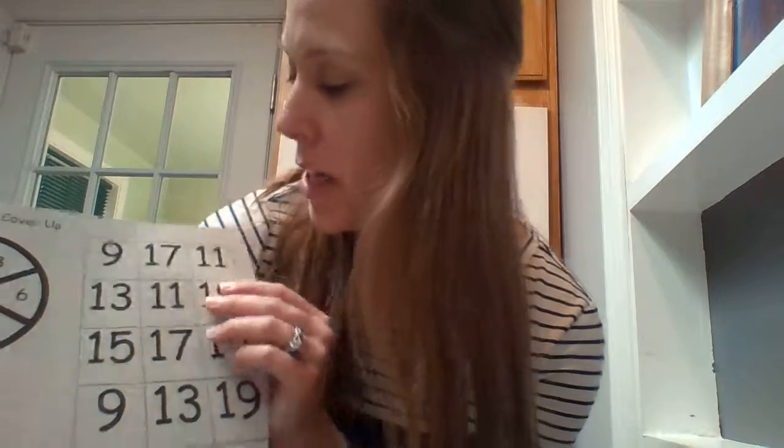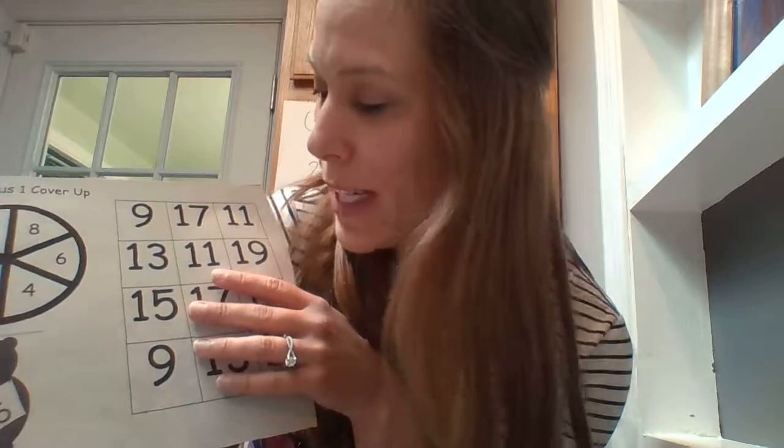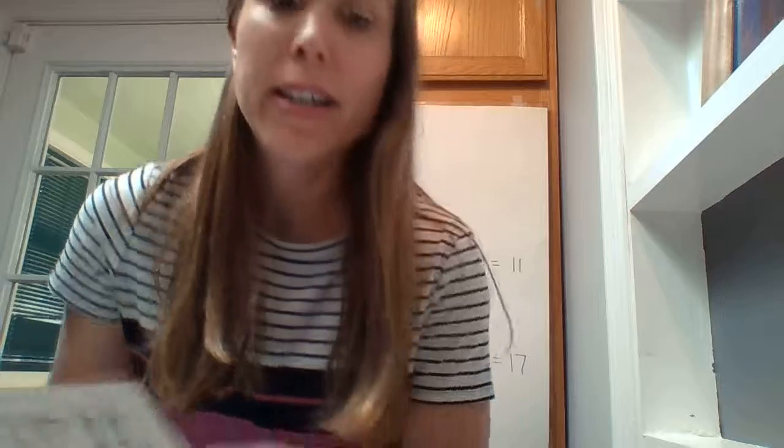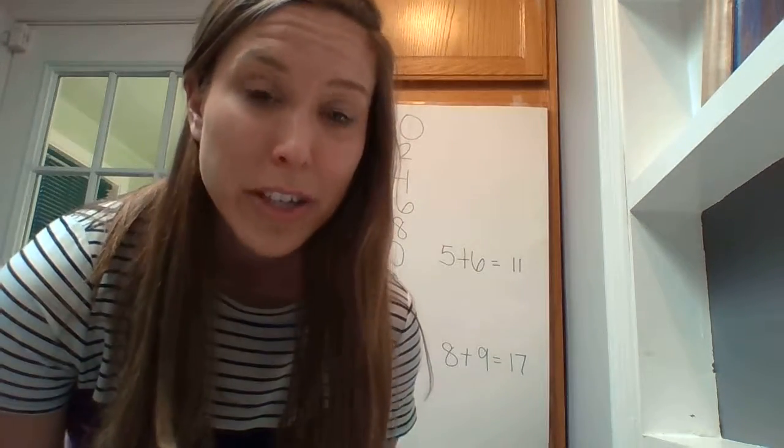And then they could cover it up, and whoever has the most covered would be the winner, and they could either clear the board after they're done and play again, or they can move on to flashcards or get another partner. So those are their options if they completed the task early.